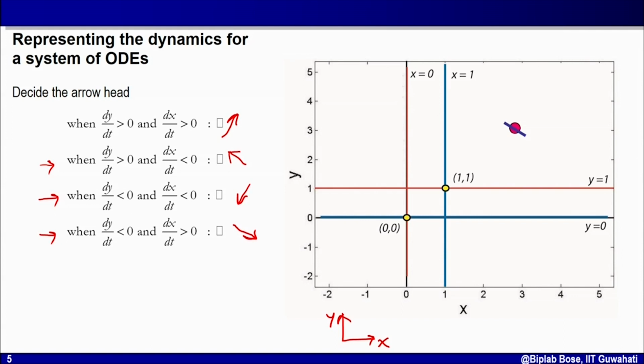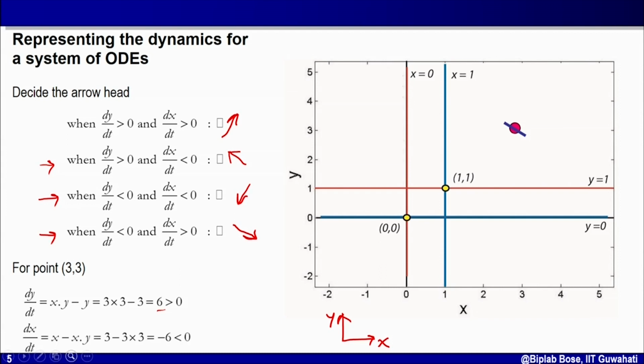So let us go back to our point (3, 3) and calculate what the arrowhead direction will be. At point (3, 3), dy/dt is given by the ODE xy minus y, that is 3 times 3 minus 3, that is 6. So 6 is greater than 0. dx/dt is x minus xy, that is 3 minus 3 times 3.